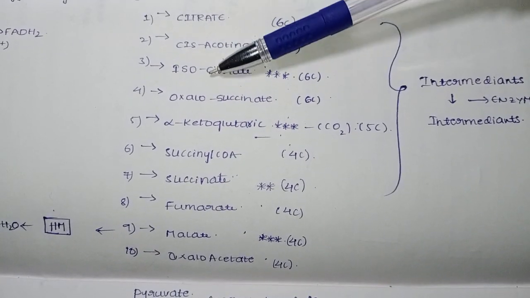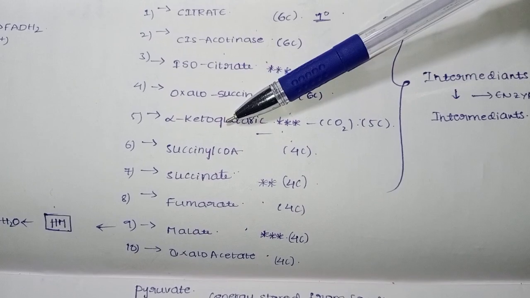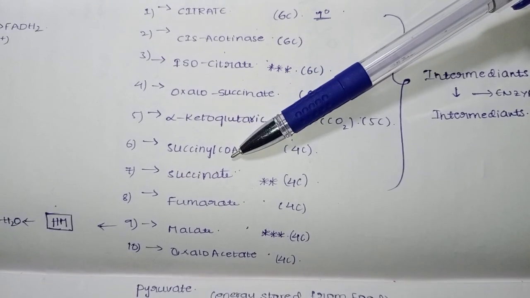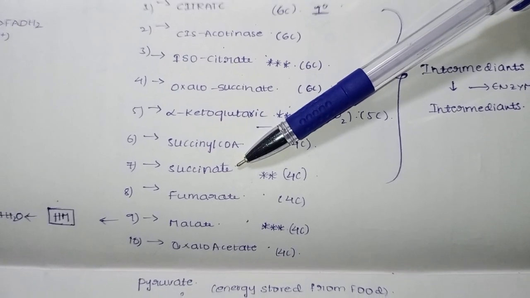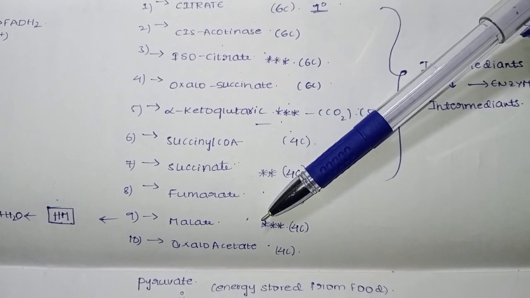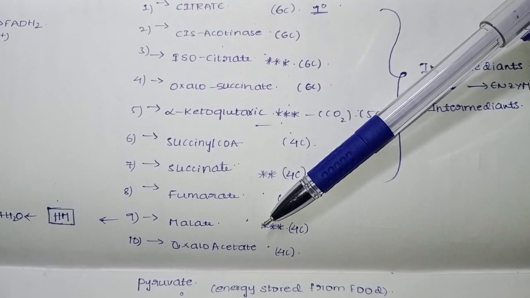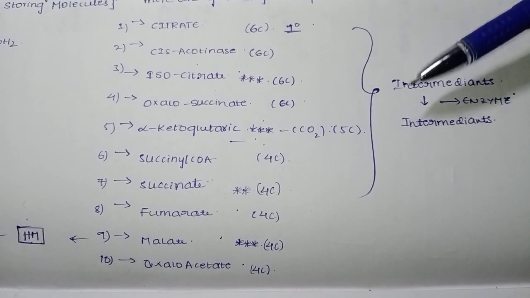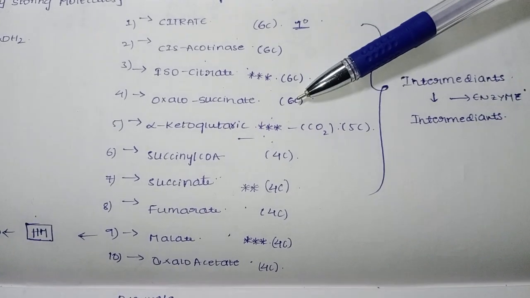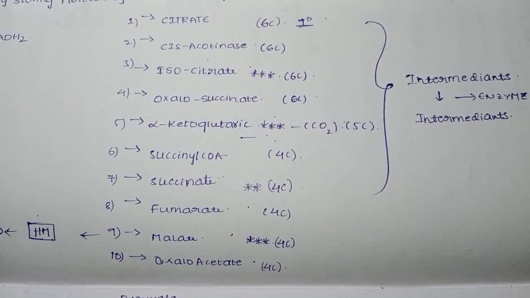So if you remember CCIOA, Indian officer alpha, succinyl-CoA, remove the CoA and succinate, and FMO, that is fumarate, malate, oxaloacetate. So this is the mnemonic, and these are the intermediates. In between every intermediate there should be an enzyme, right?